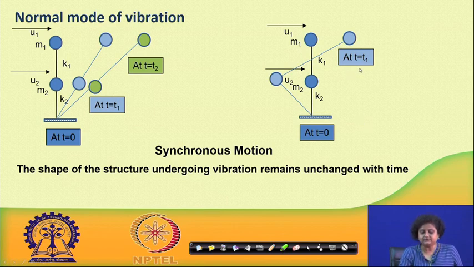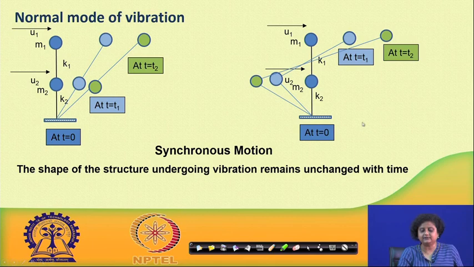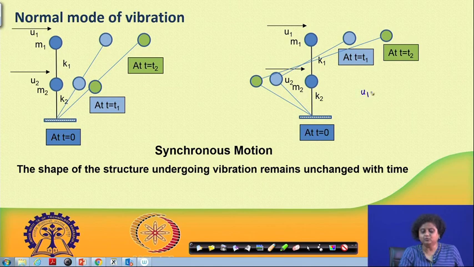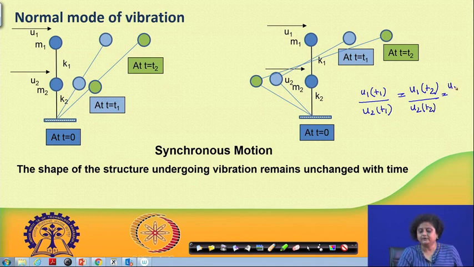At the next time instant it is again going to get deflected further, but the shape of deflection is going to remain the same. Even here I can write u1 at t1 by u2 at t1 has to be equal to u1 at t2 by u2 at t2, which is constant, and therefore, u1 at any time instant t by u2 at the same time instant t should be equal to a constant.